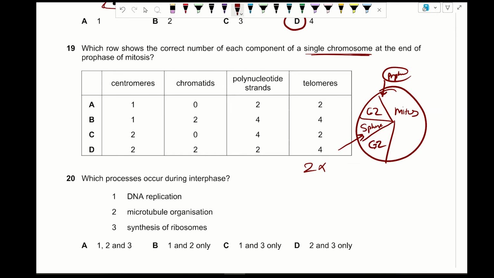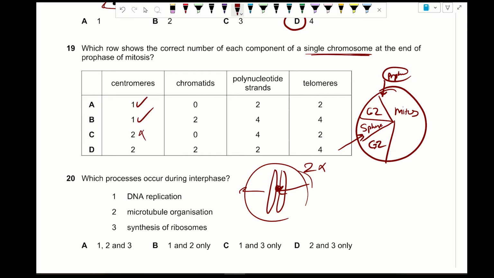Now, centromeres. Centromeres are in the center between each chromosome molecule, which has the kinetochore, which the spindle attaches to during anaphase and separates them apart. So, the centromere is present, only one, in a single chromosome.